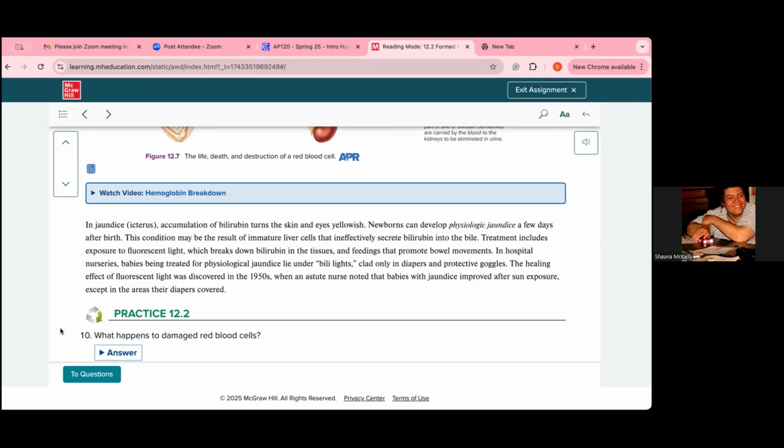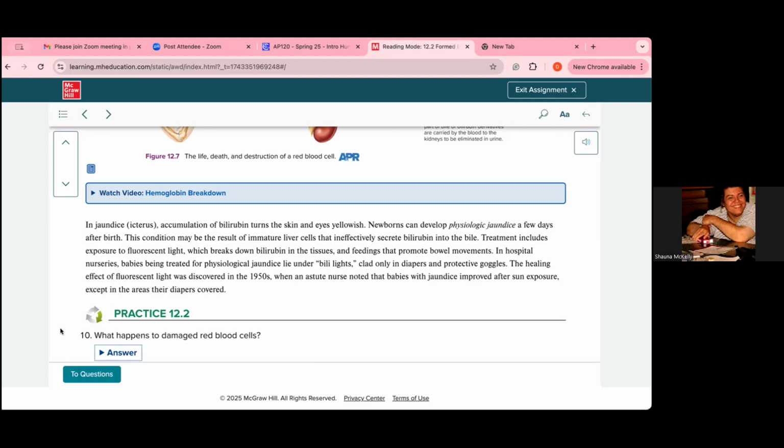In hospital nurseries, babies treated for physiological jaundice lie under lights, clad only in diapers and protective goggles. The healing effect of fluorescent light was discovered in the 1950s when an astute nurse noted that babies with jaundice improved after sun exposure, except in the areas their diapers covered. Oh, interesting. I never knew that.